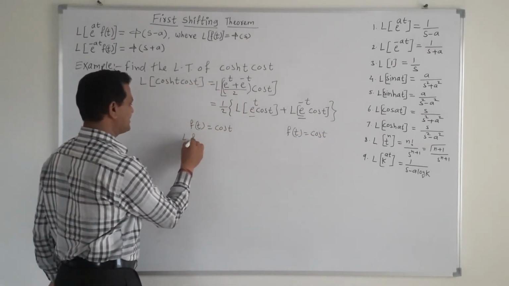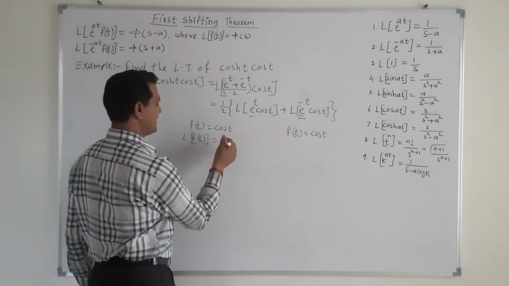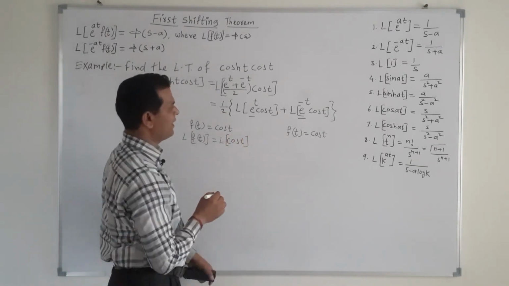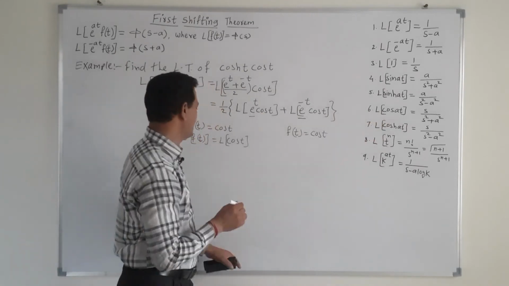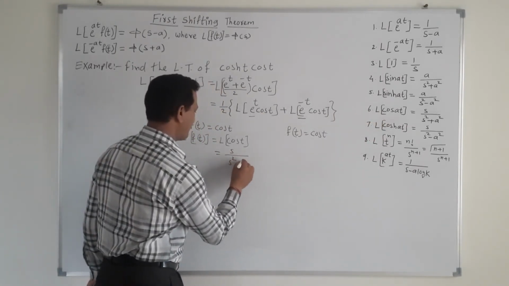Find the Laplace transformation of f of t for the first term. We get the Laplace transformation of cos t. According to the cos at formula, which is s upon s square plus a square, we get s upon s square plus 1.